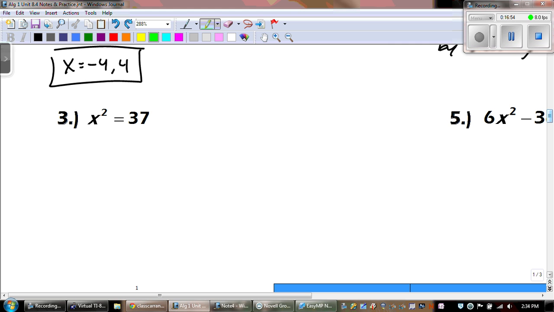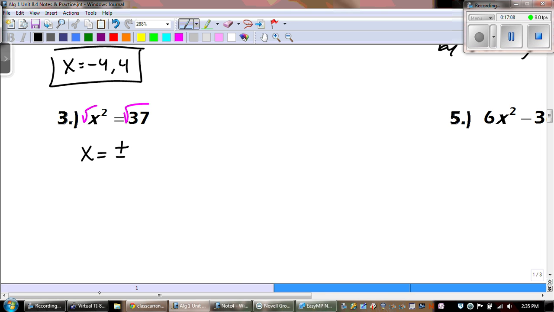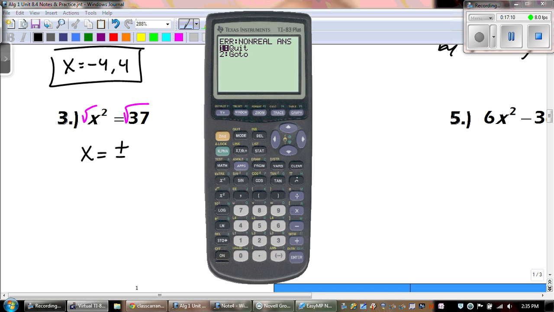For number 3, no linear term. Okay, so we use inverse operations. I would want to square root both sides. It's a positive number, so it's going to be plus and minus. And what is the square root of 37? I get a big answer, 6.082.